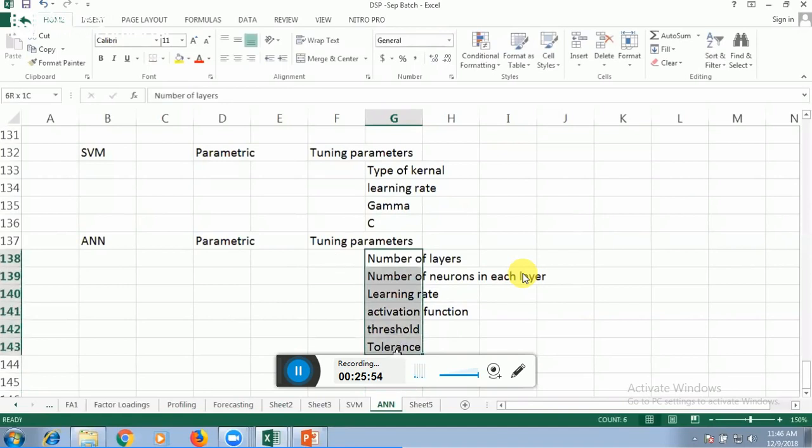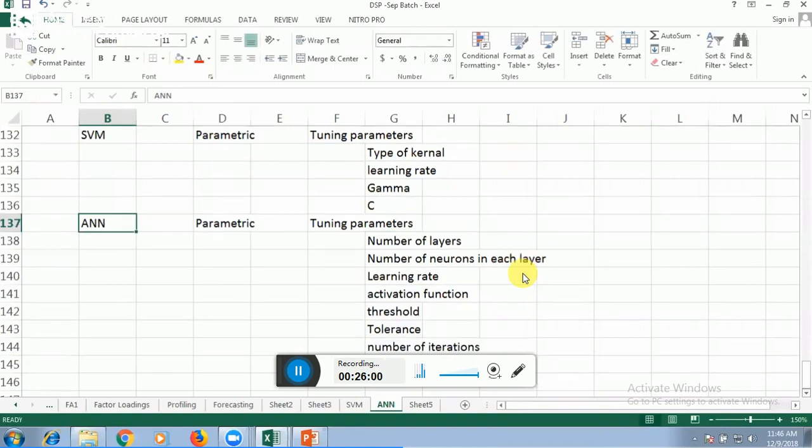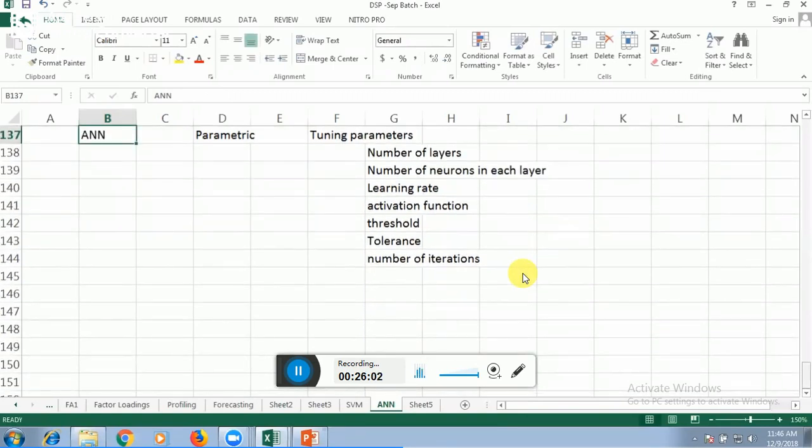So these are the different parameters for the ANN. Does that make sense? Okay. Anyway, I'm going to use all of this with scikit-learn, sklearn, so there is no issue. We will talk about that.